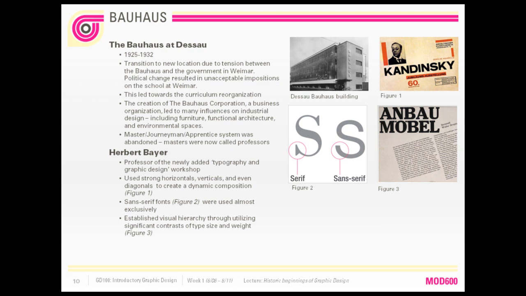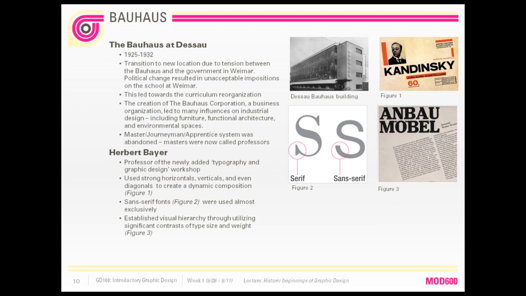It was a workshop that they did, and he used horizontals, verticals, and diagonals to create a dynamic composition, and he also used them along with significant size and weight in the typography to create hierarchy.